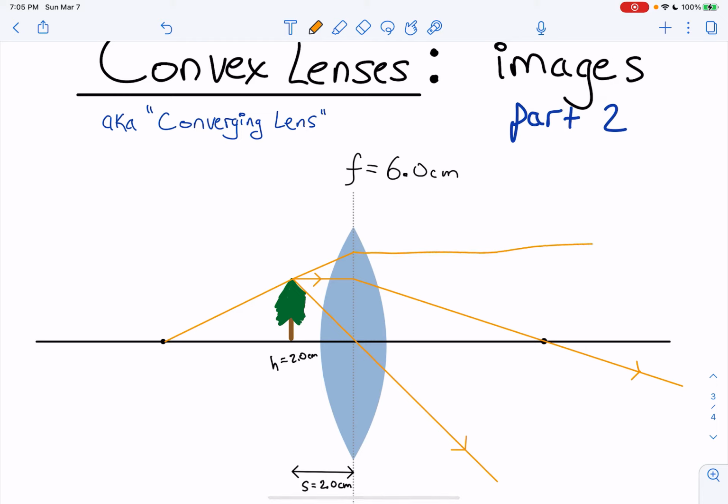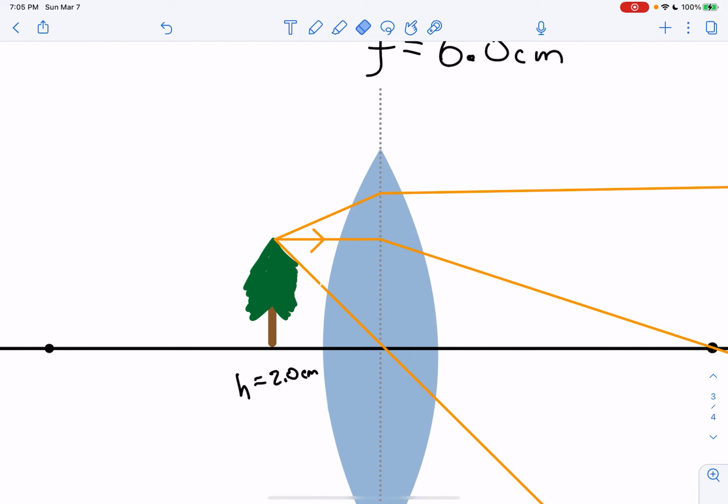And then it's going to be parallel to the optical axis. And I'm just going to go back and get rid of that part. Okay, so I'm just going to add little arrows. So how does this tell us where the image is going to be?